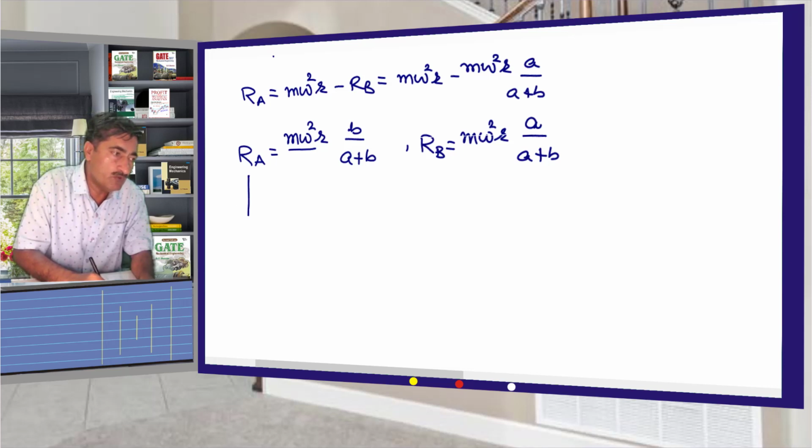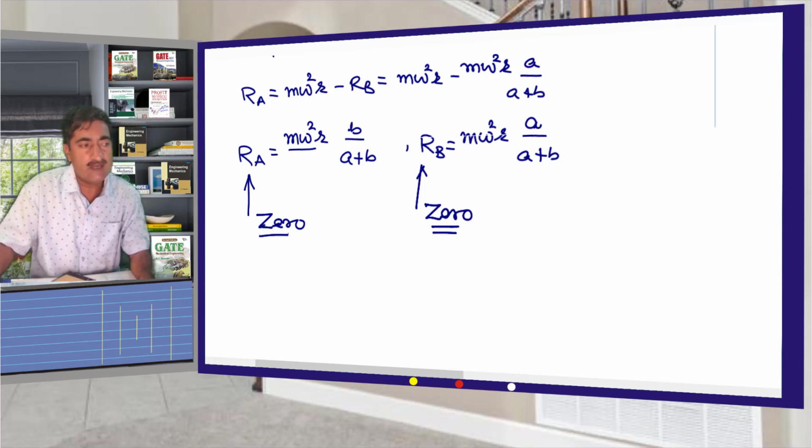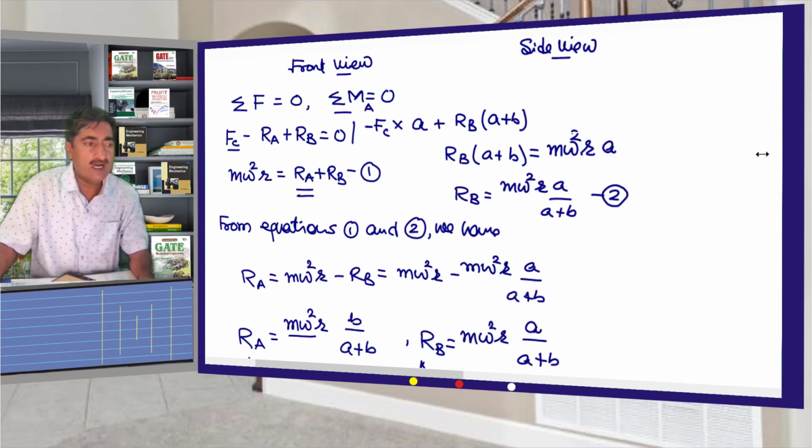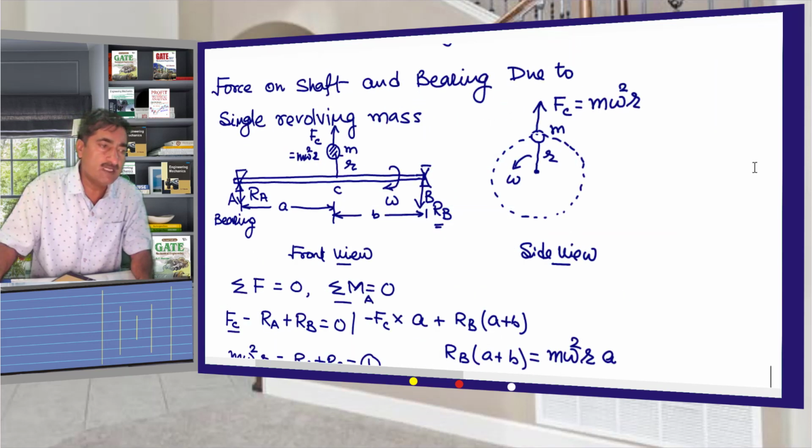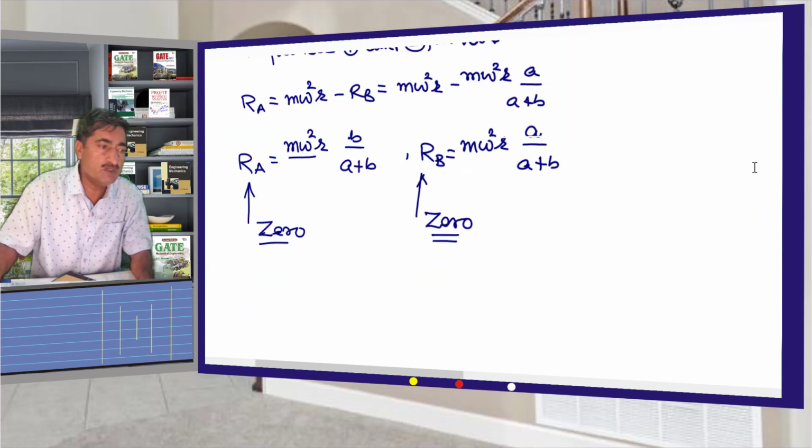This should be equal to 0, meaning the reactions due to mass m, the unbalanced mass, should be equal to 0.